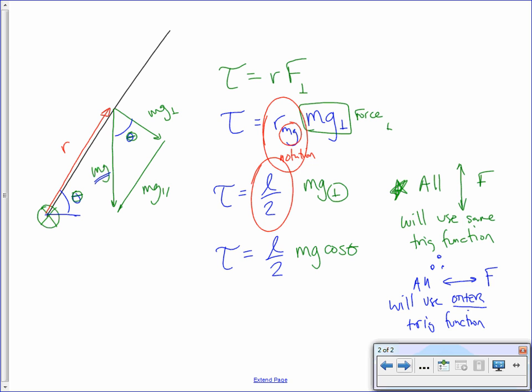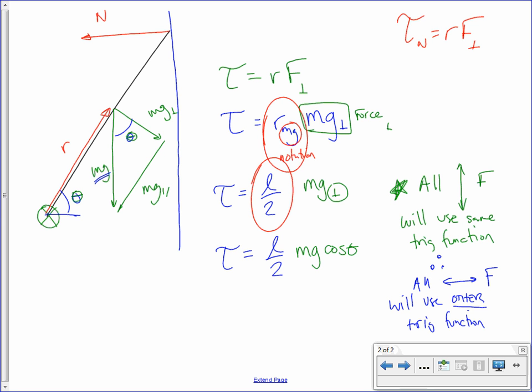Let's do this. Let's say this thing is leaning against a wall, right? Well, there's a normal force here. The torque from that normal force. I'm not even going to draw the triangle and all the angles.